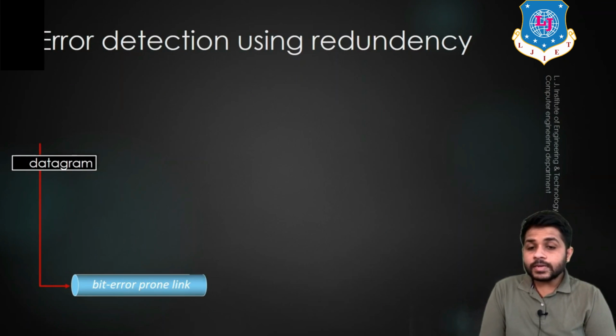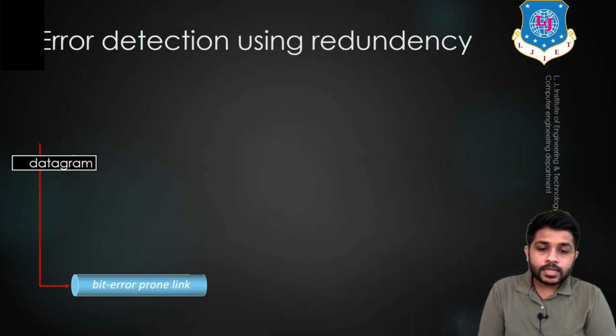The receiver can detect the error using the redundancy concept. So the question is, what is redundancy? Redundancy means that if the sender is sending any data, it will not send the data directly. Suppose the sender wants to send 8 bits of data. The sender will not send those 8 bits directly, but before that the sender will add some extra data to the original 8 bit data.